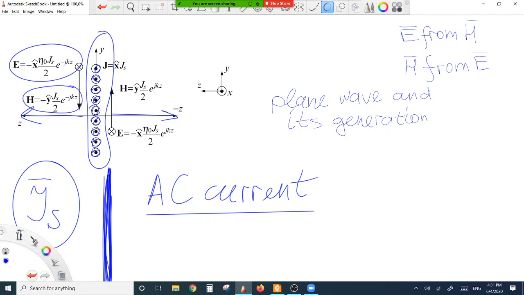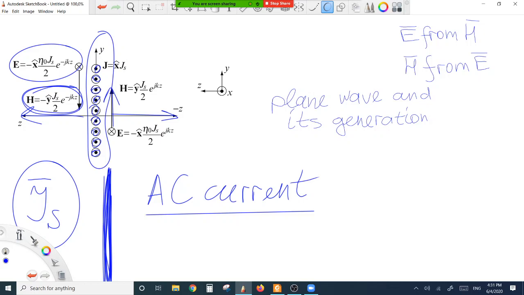Electric field intensity has a direction in the negative x direction, and the magnetic field intensity on the left hand side of our sheet has a negative y direction, and on the right hand side it has a positive y direction.